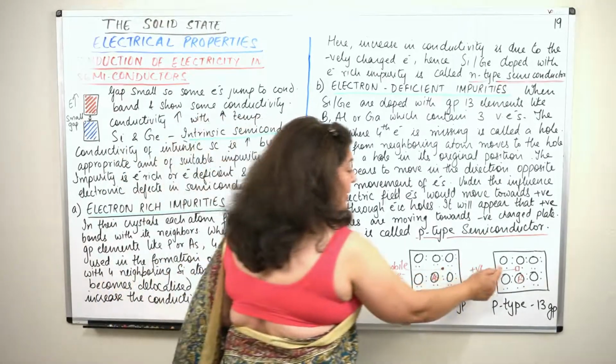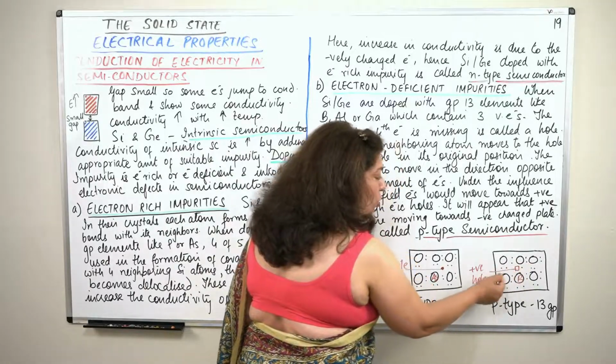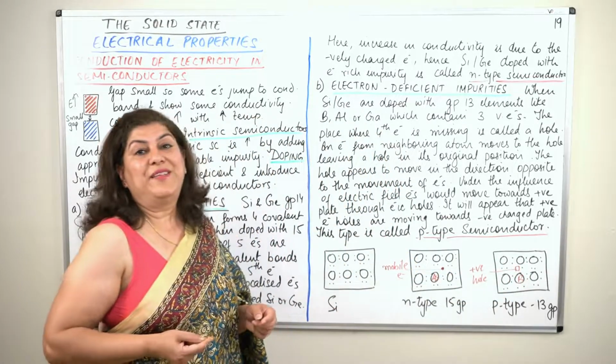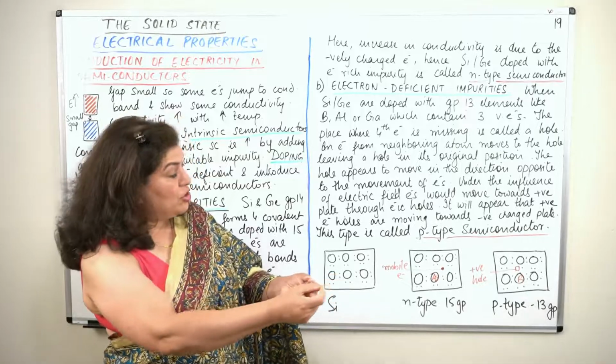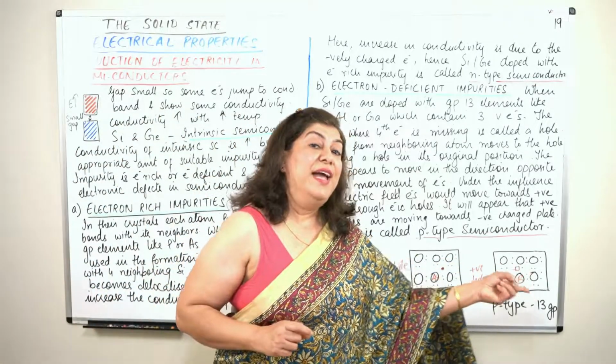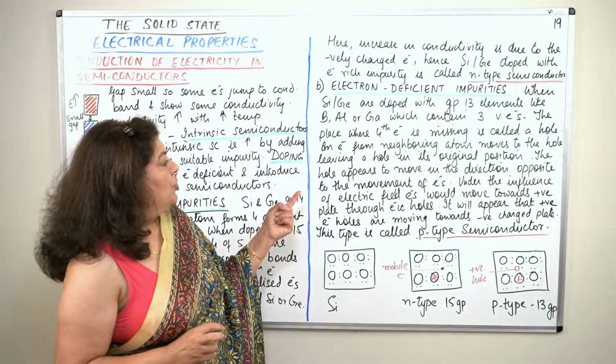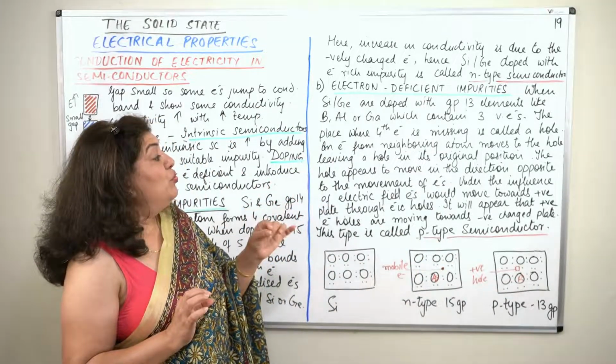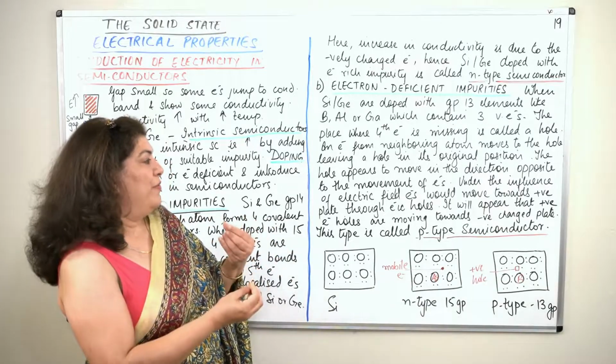It appears that electrons are moving in this direction, but the hole is moving in the opposite direction.